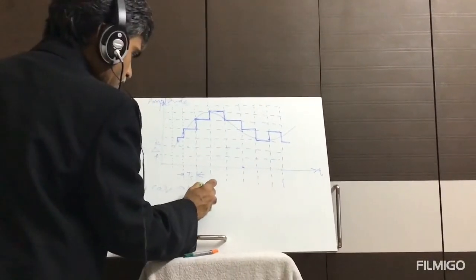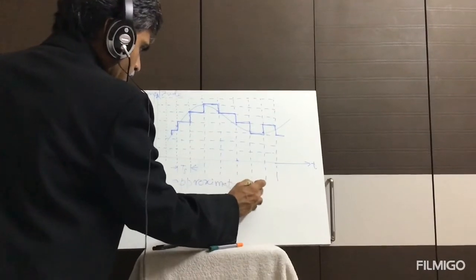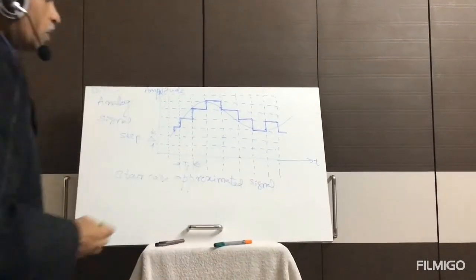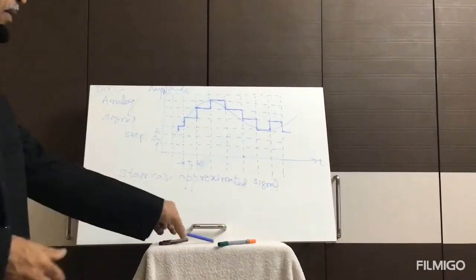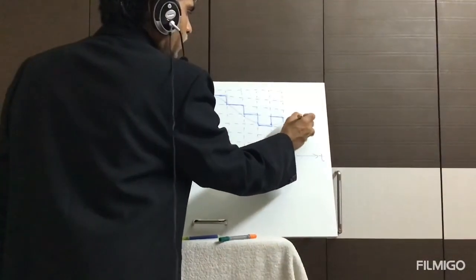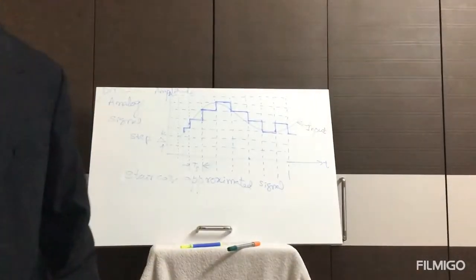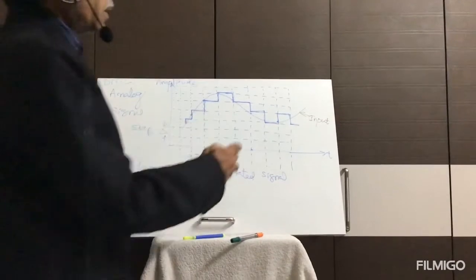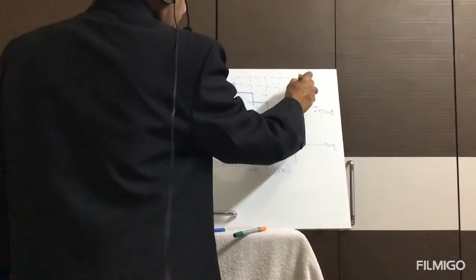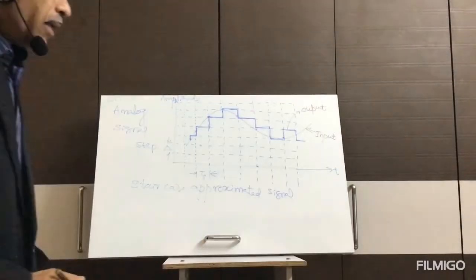Staircase approximated signal is the output of the delta modulator. This represents the input that we apply to the delta modulator, and this staircase signal represents the output of the delta modulator.